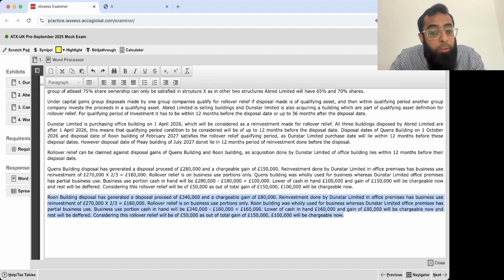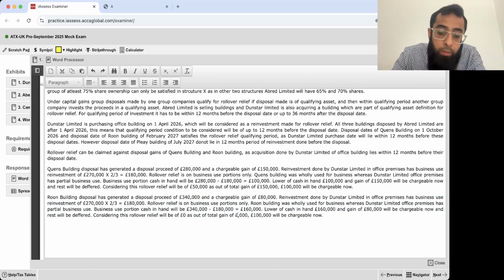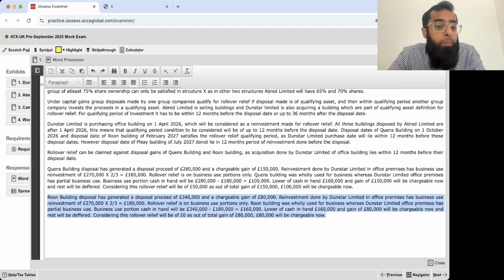Cash in hand is 160 and gain is 80. The lower will be chargeable now and the rest will be deferred. So now your rollover relief will be 0 pounds. Why? Because from 160 and 80, 80,000 is lower. So the entire gain of 80,000 will be chargeable, because this is the lower of.